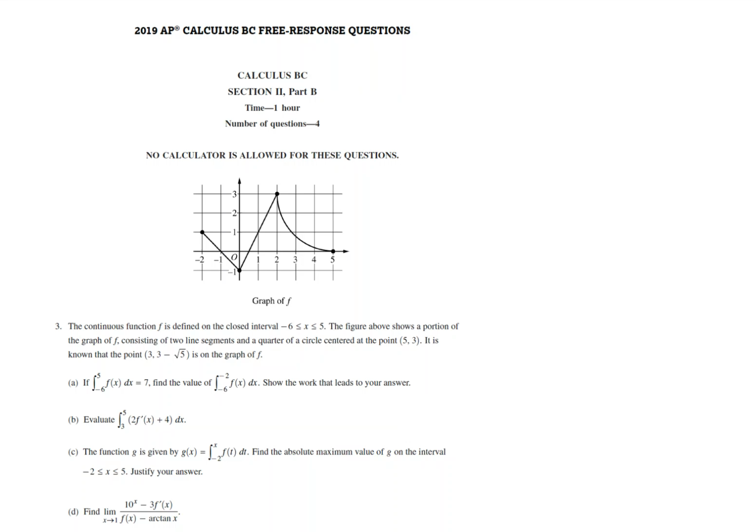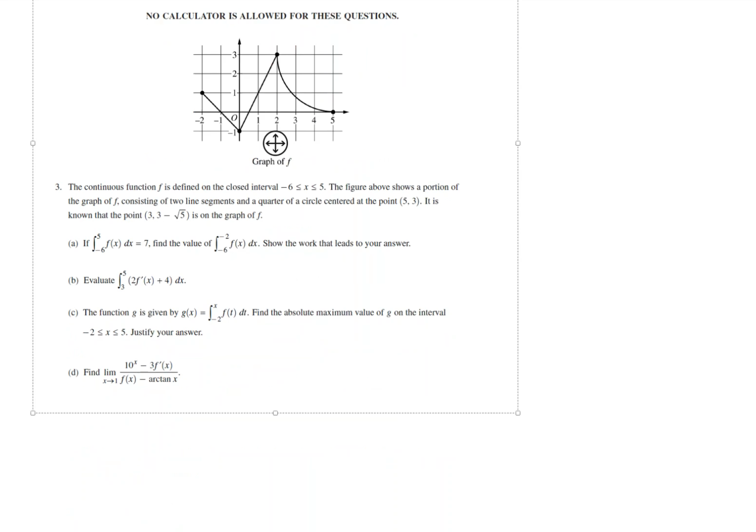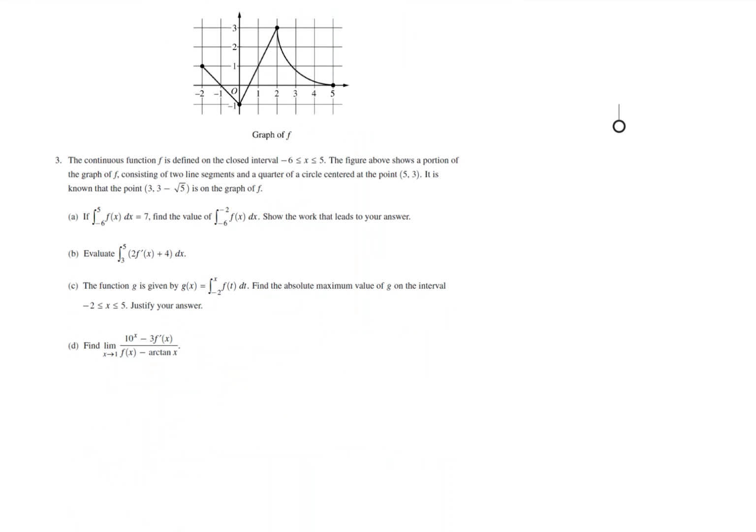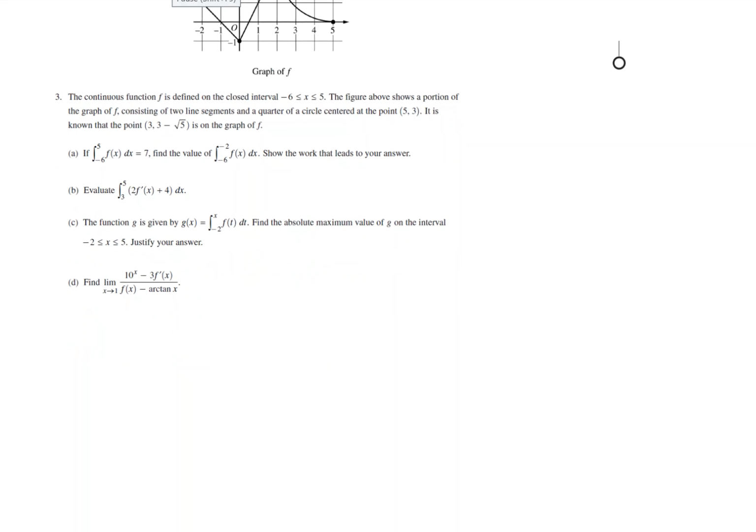Okay. And part A here is asking for the integral of f of x from -6 to -2, and it gives us the value of the integral from -6 to 5. So we can set the equation up like this.